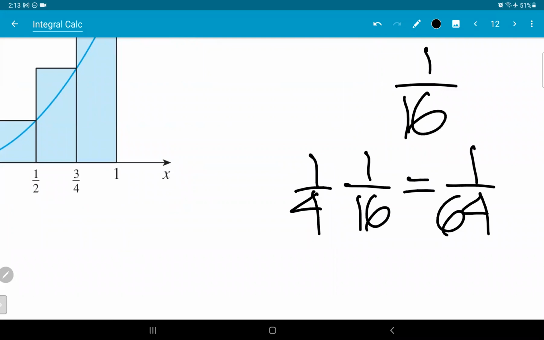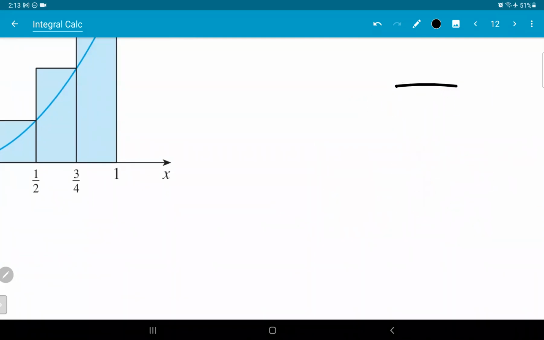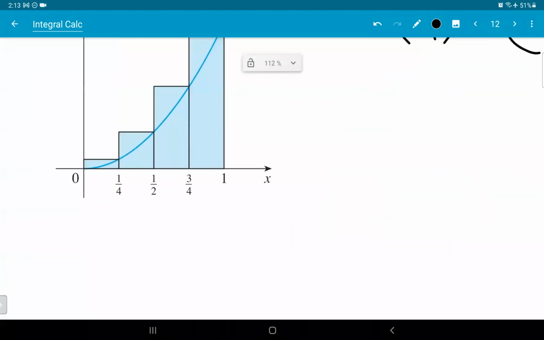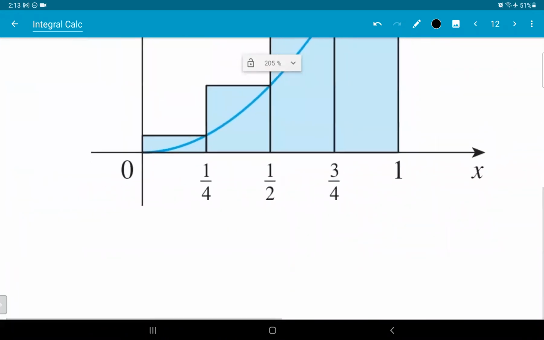And then you do it for each of the rectangles. So for example, consider the second rectangle there. Its base is 1/4. And what is its height? Anyone? What is its height, using the function?